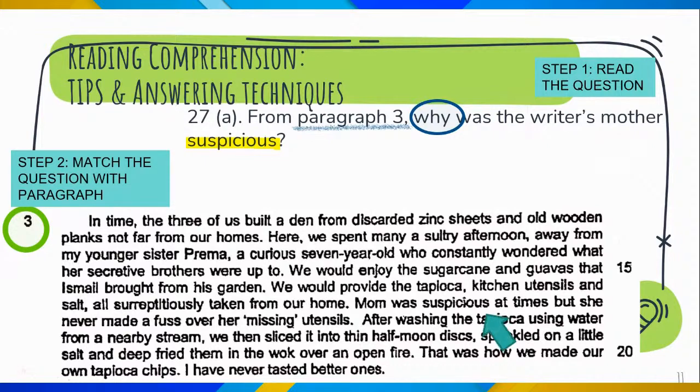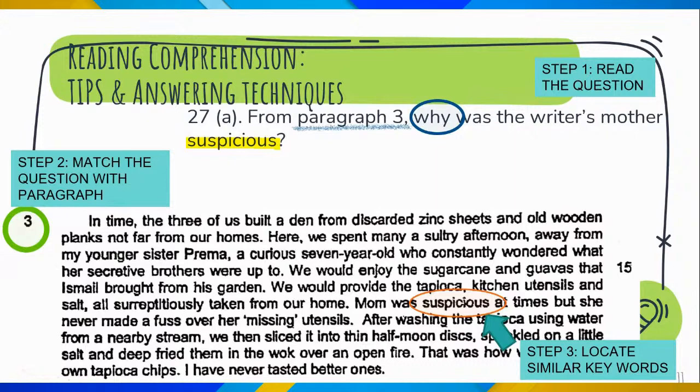So can you find the word suspicious in the paragraph there? That is where suspicious is. That is your keyword. So the answer should not be too far from the keyword now. Why is it that the writer's mother is suspicious? What is happening that makes her so curiga, so suspicious? If you look at the sentence before the keyword, all surreptitiously taken from our home, diambil secara sembunyi-sembunyi.